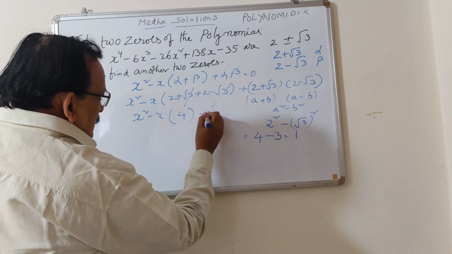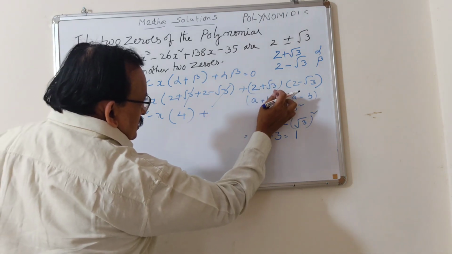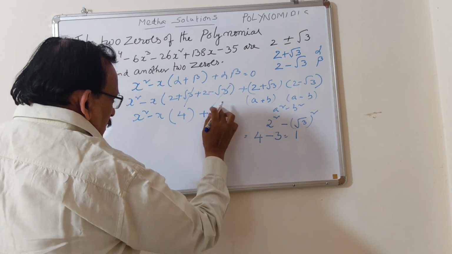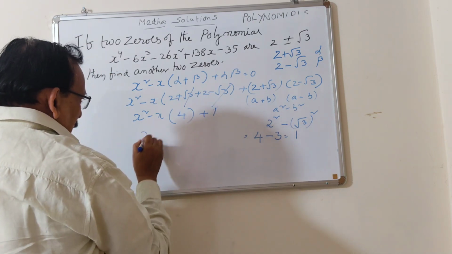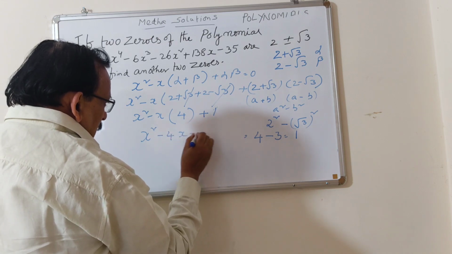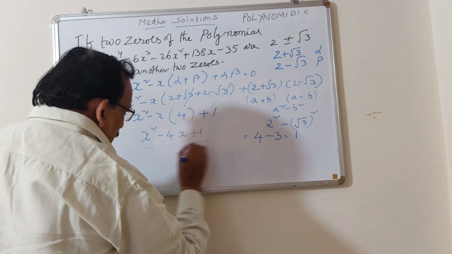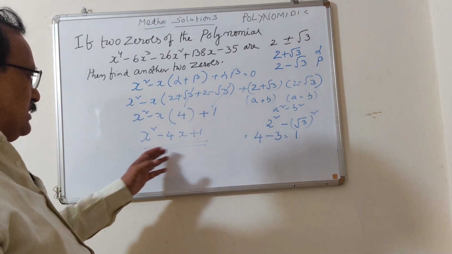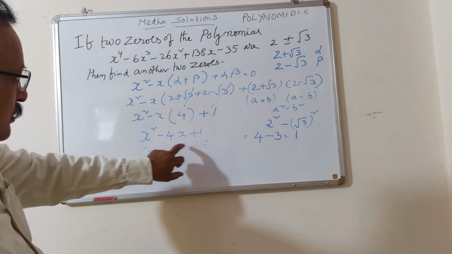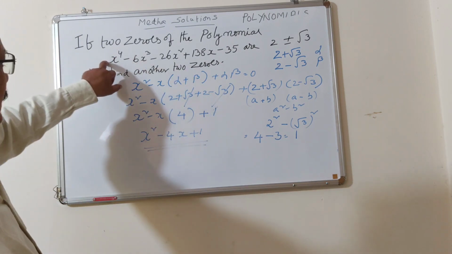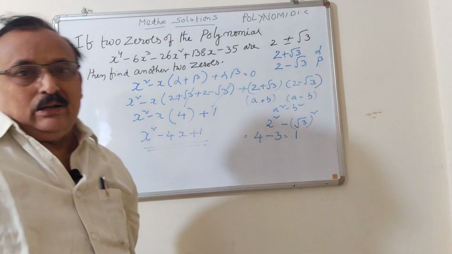Here plus, instead of 2 plus root 3 into 2 minus root 3, the whole value is 1. Simplify again: x² minus 4x plus 1, and this is the quadratic polynomial. We got this polynomial, and with this we have to divide the given biquadratic polynomial.